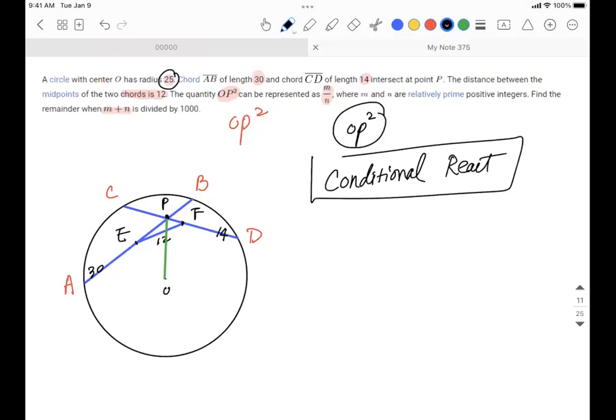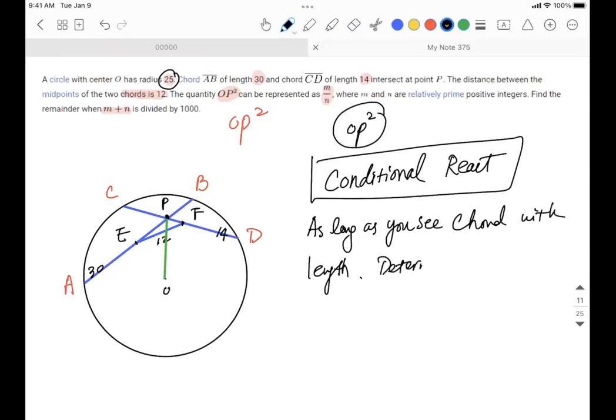Is that as long as you see a chord with length given in the problem, you can always determine the distance from the circle center to the chord.